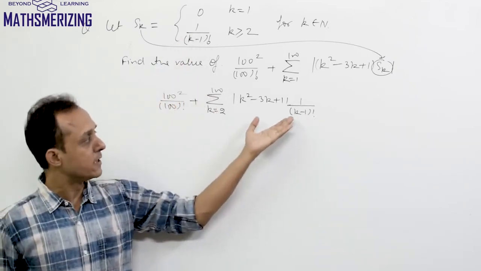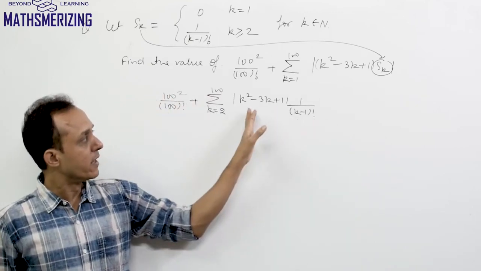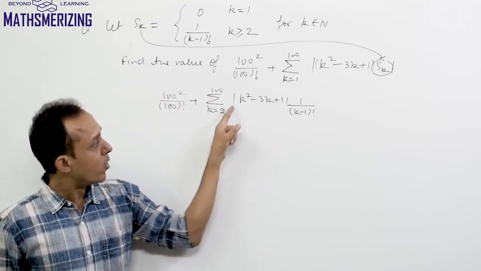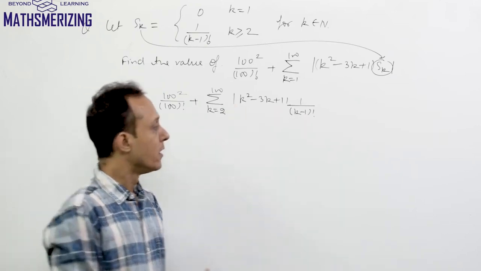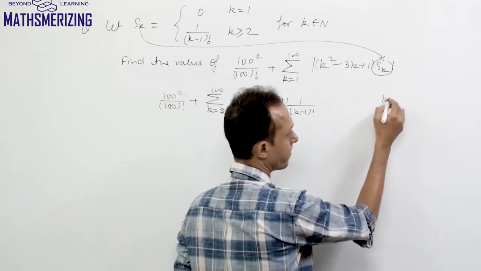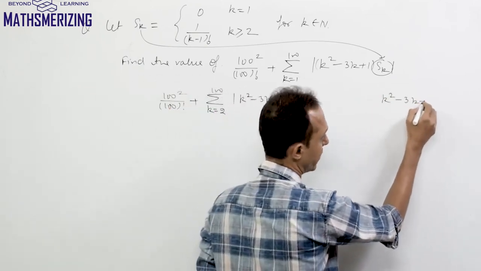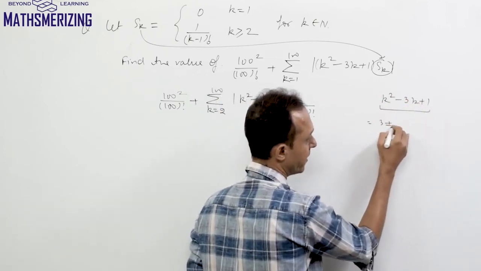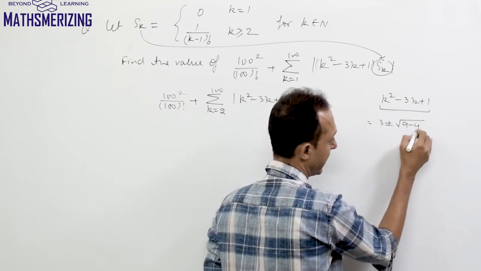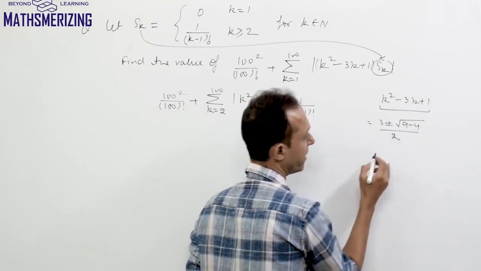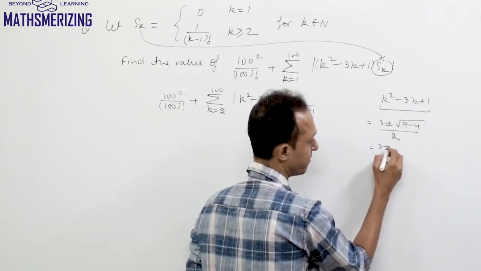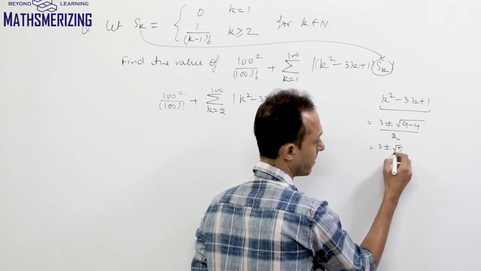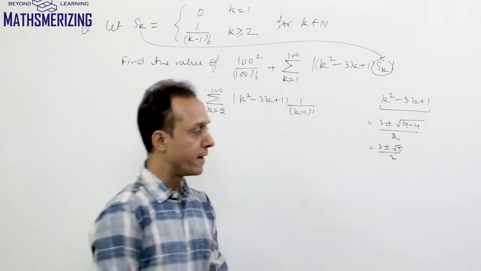As we all know, these factorials are positive numbers, so they'll come outside the mod. So I'll get mod of k square minus 3k plus 1. If I look at k square minus 3k plus 1 and find the roots of this expression, I'll write it as 3 plus minus under root 9 minus 4 divided by 2. So this is 3 plus minus under root 5 by 2.